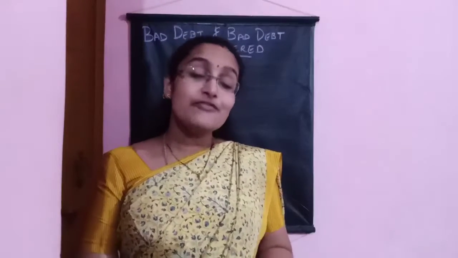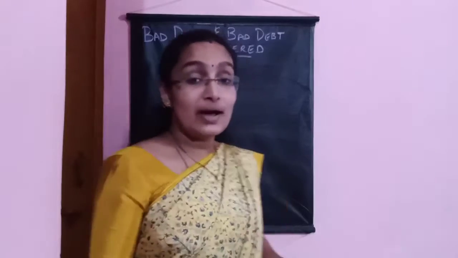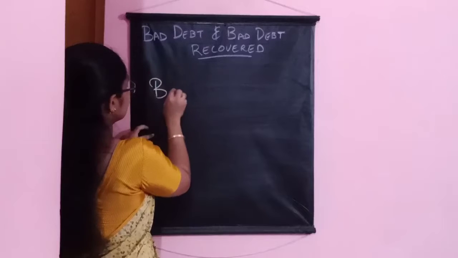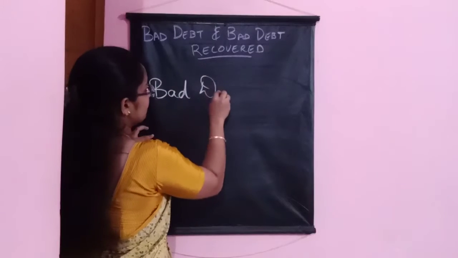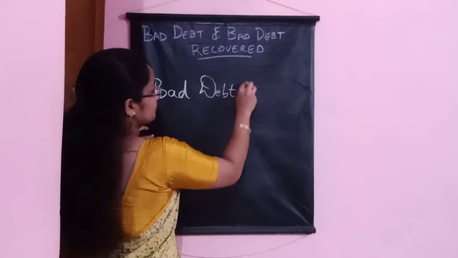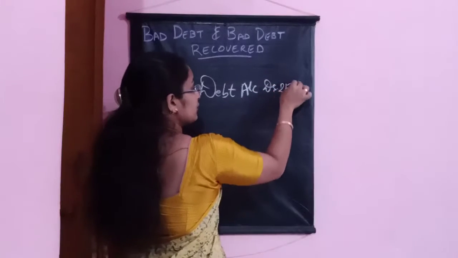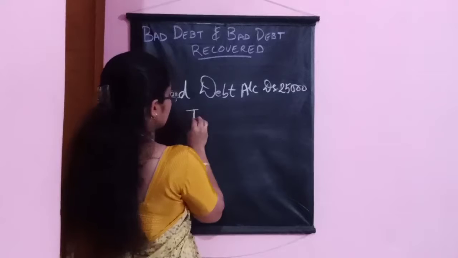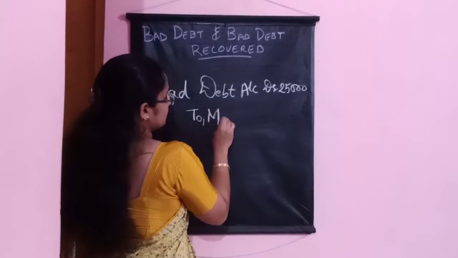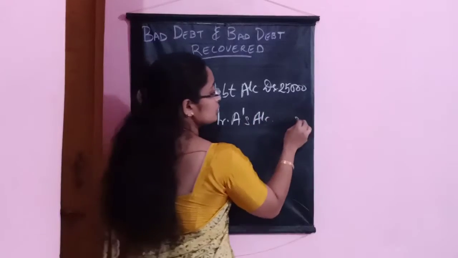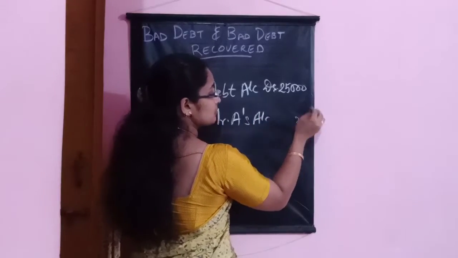So the entry for bad debts for Mr. A will be: bad debts account debit rupees 25,000 to Mr. A's account rupees 25,000 credit.